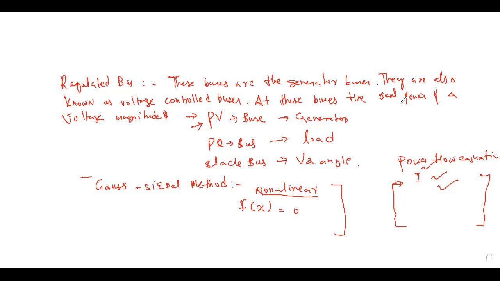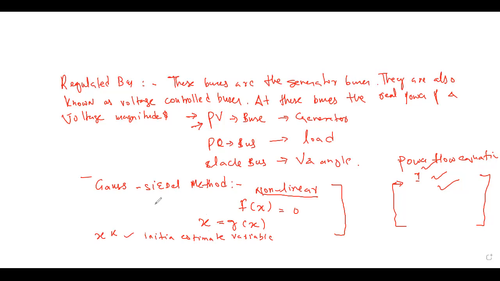So let's take this function f of x is equal to 0, and this function can be rearranged. We rearrange this function in terms of x is equal to g of x. So I take an initial value x of k, which is an initial estimate of the variable x, and then I want to do iteration.